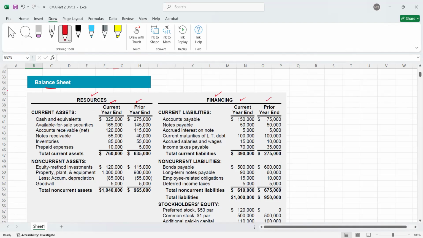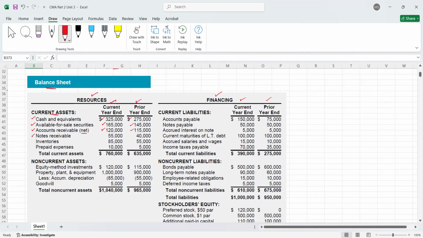Under current assets, we first have cash and equivalents, with the figure for the current year and for the prior year.